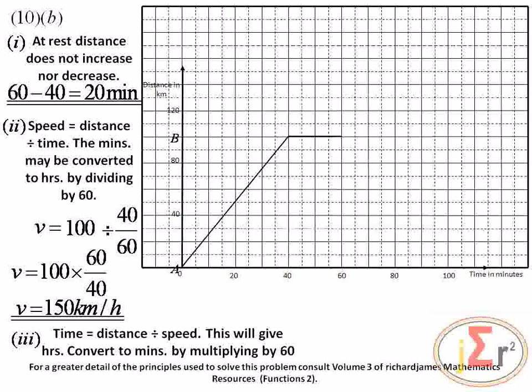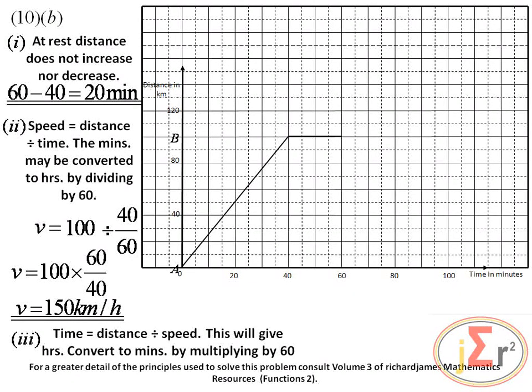To convert to minutes, we will multiply by 60. If we divide distance by speed, we will get our time in hours. But we need the time in minutes. How do we convert hours to minutes? By multiplying by 60. We will do that in the same step.